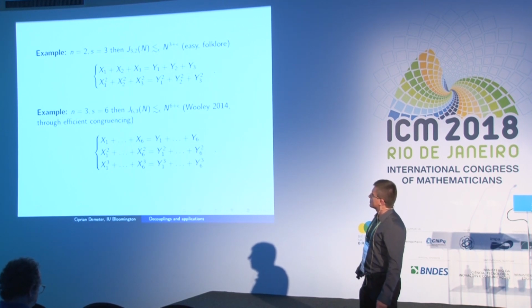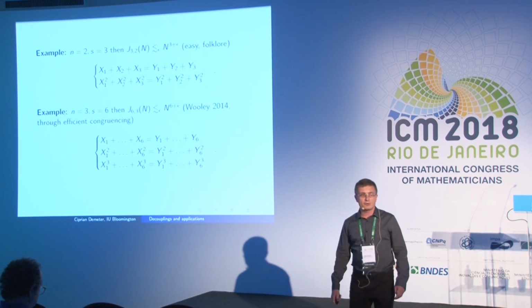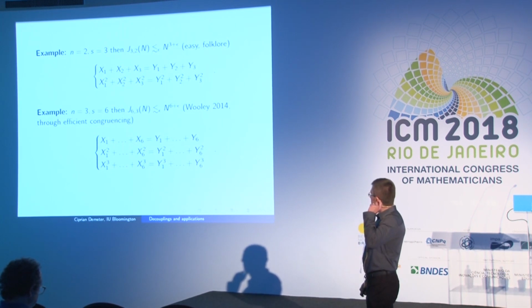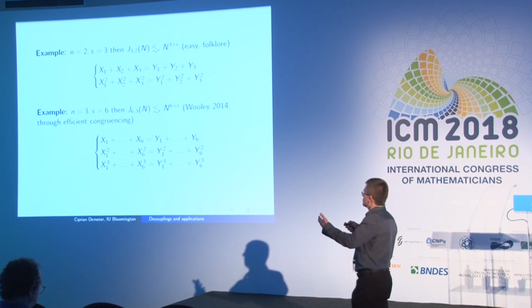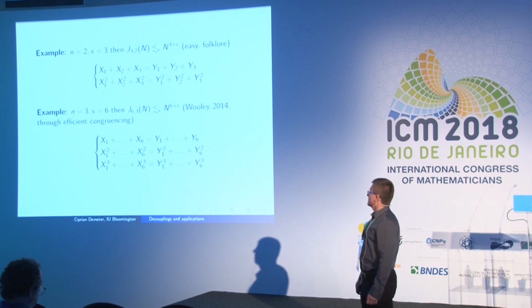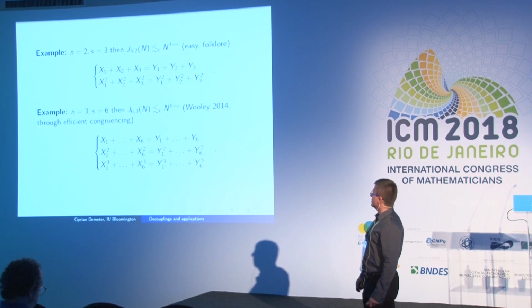However, the case n equals 3 has only been solved recently by Trevor Wooley using a sequence of improvements of his method, efficient congruencing. This is a method that relies on number theory, at least superficially, when you read it for the first time. And the system looks like this, so it's more complicated because it has the cubic powers.